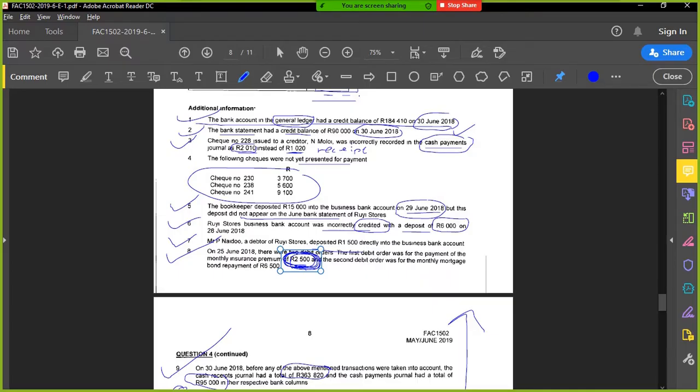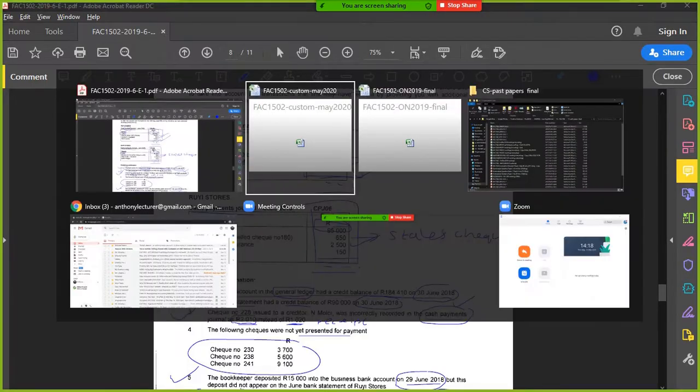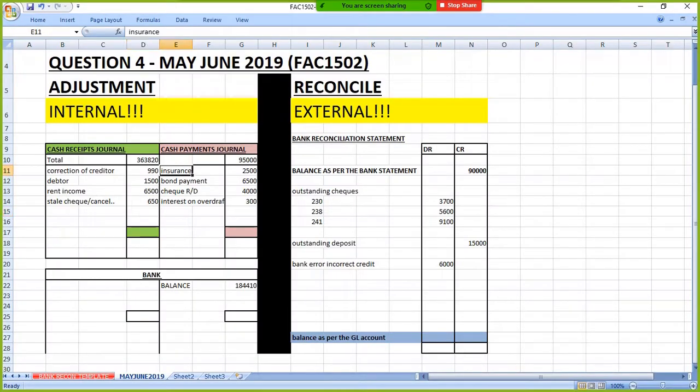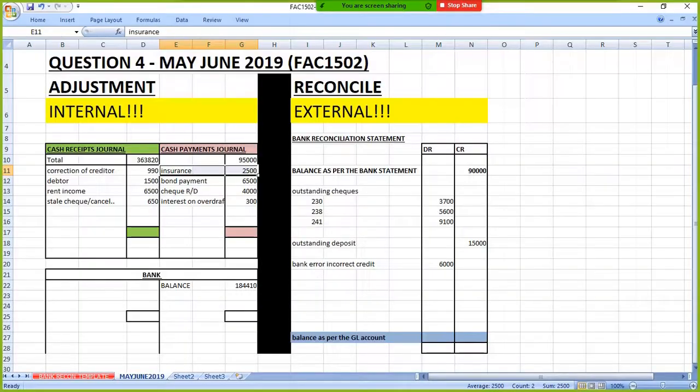Okay, one was 2.5 and the other was 6.5. Right, so there's the 2.5. There's the debit order insurance. That's correct. That's in the cash payments. Do we have it? Yes, we do. There's the insurance debit order for 2.5. Okay, bank charges 150. That's correct. That should go in the cash payments.